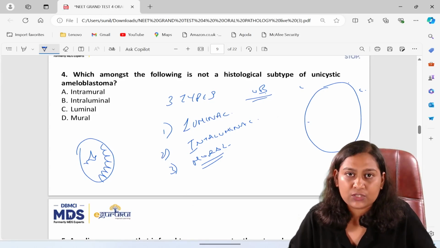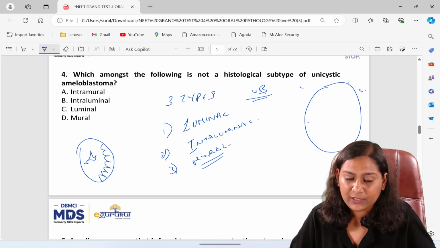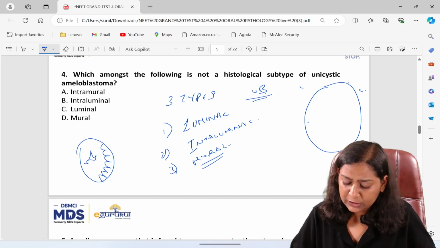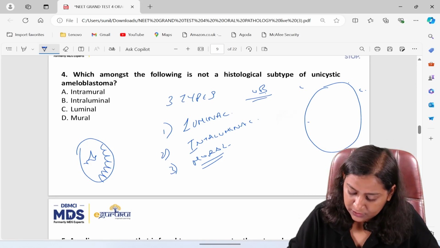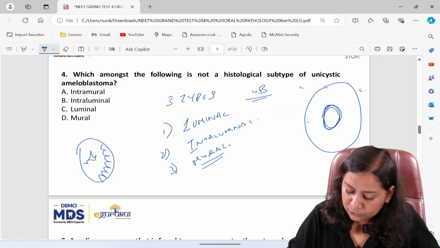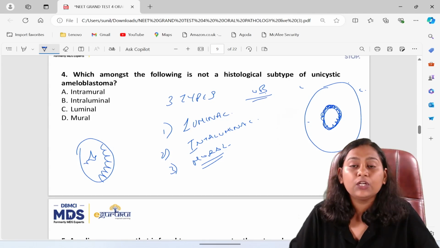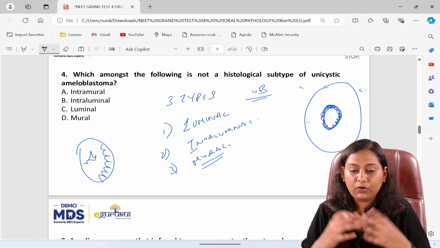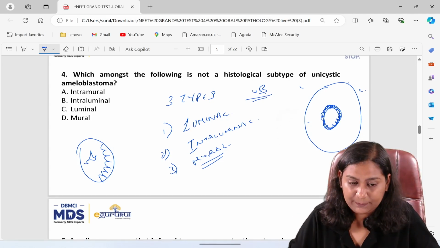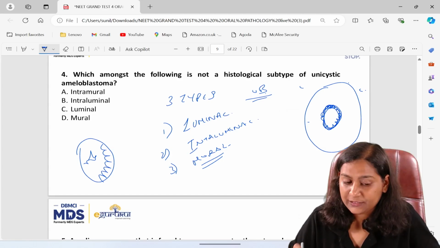Whenever the changes occur only in the lining epithelium, that is called luminal. Okay, so if this is the lumen of the ameloblastoma, whatever changes occur only in the lumen, it will not go anywhere, only in the lining epithelium. That is called the luminal variant.